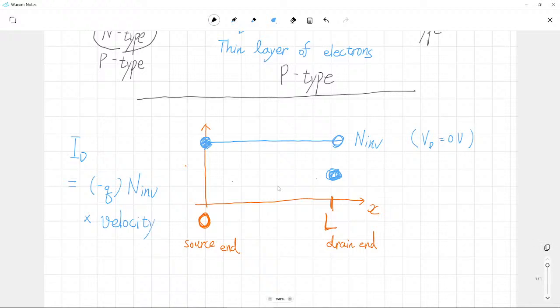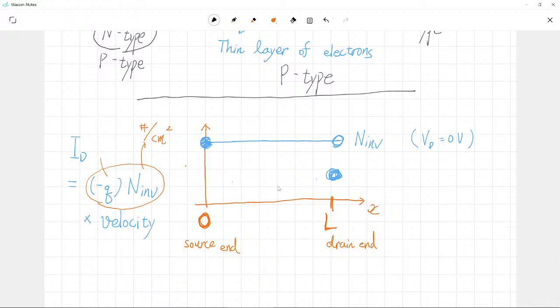So are you with me? Then let me think about the sign. Here, this inversion charge, and inversion is the number of electrons per unit area. Now you understand how we have an inversion in this way, because oxide capacitance is given by farad per unit area, and when we multiply by the voltage difference, we get the number per square centimeter.